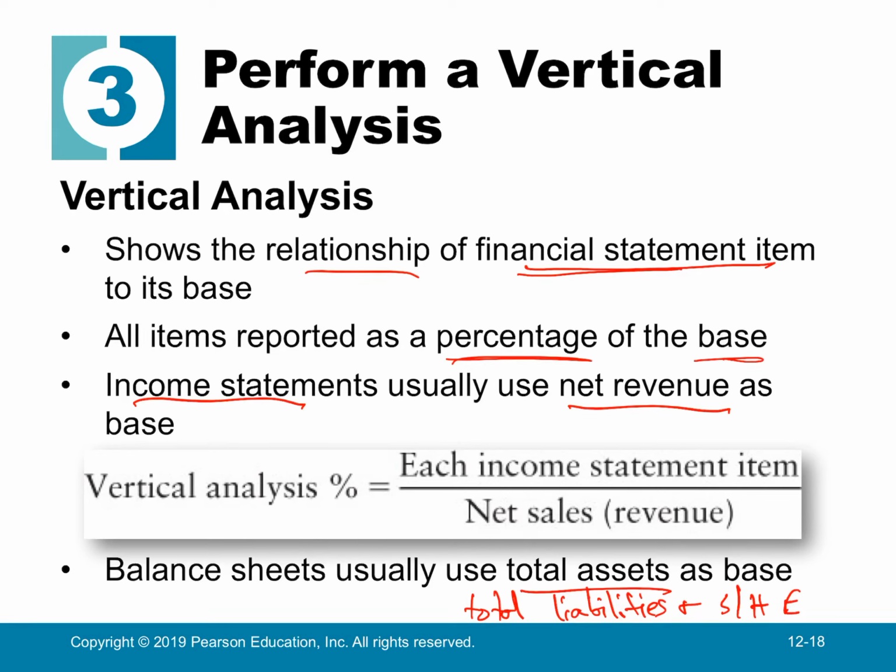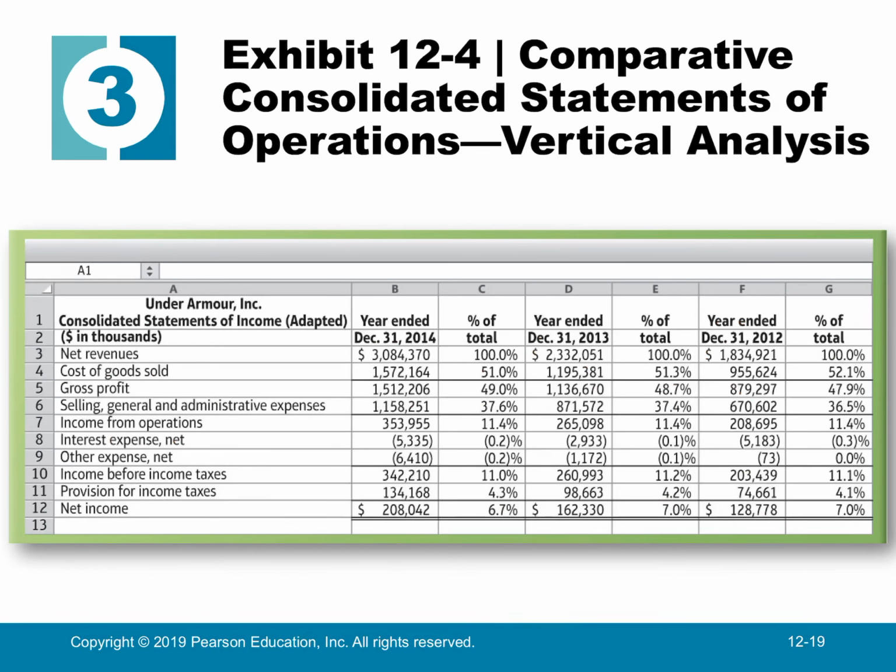So let me show you an example, because I think that's the easiest way to learn this. So here you can see what I've done, and this is looking at the income statement. So I have all my income statement line items. I'm going to make net revenues the 100%, and all the other line items in the income statement I am making as a percentage of net revenues.